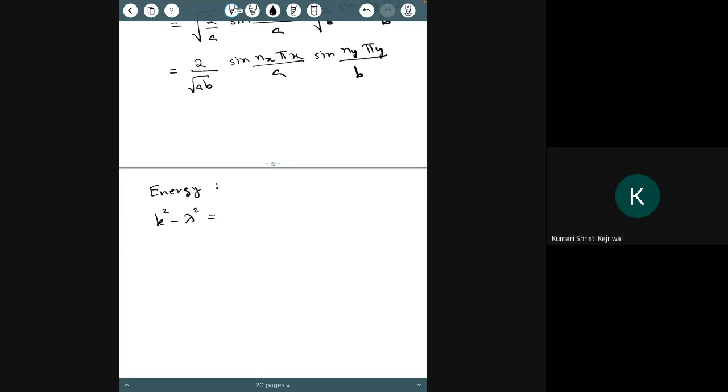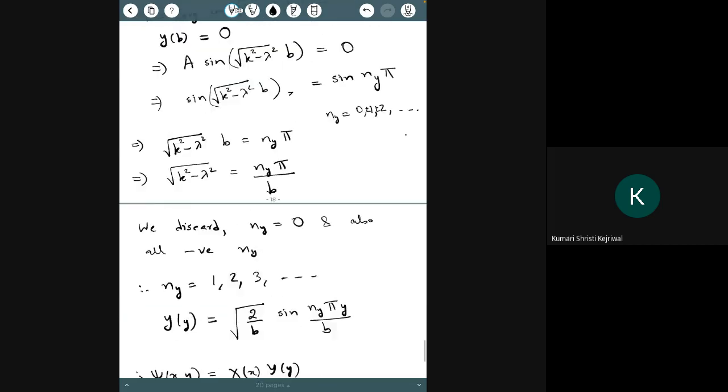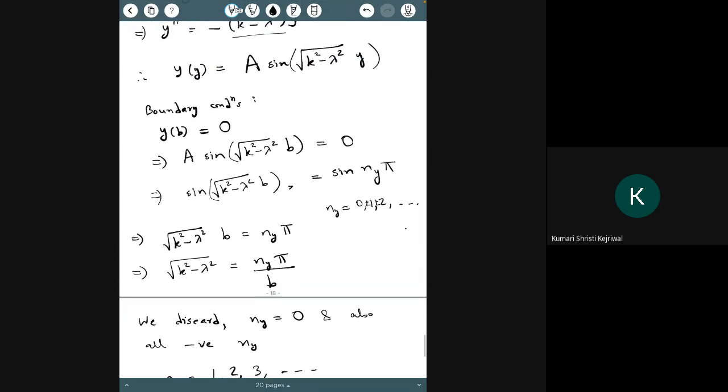No problem. So, k square. Remember, we knew that k square is equal to 2mE by h cross square. So as soon as we know k square, we can find out E. And we'll find out k square from this relation, that k square minus lambda square is equal to n_y square pi square by b square. That is this condition that we got over here. This one.